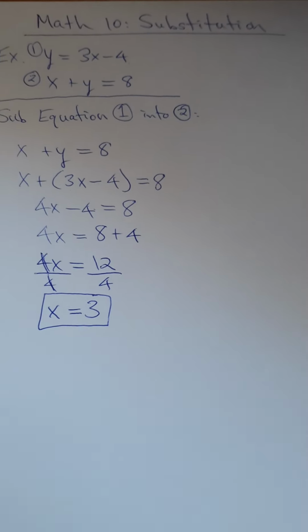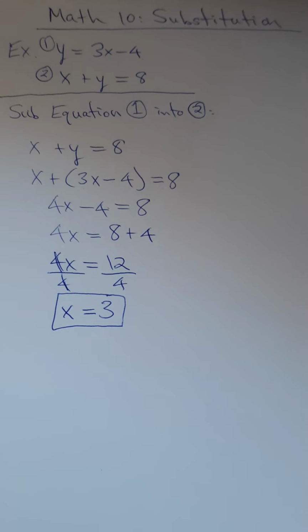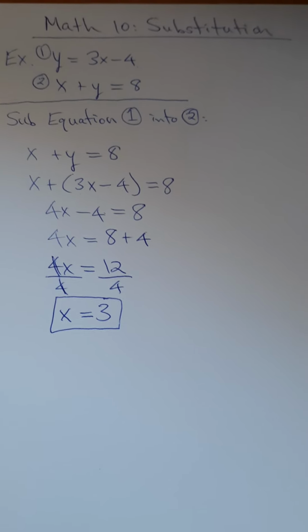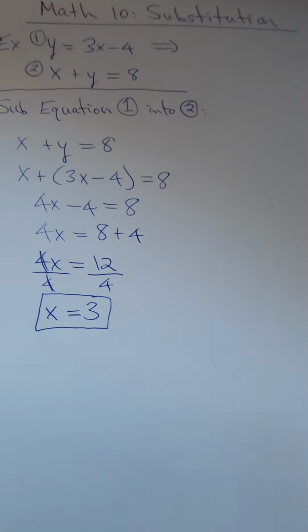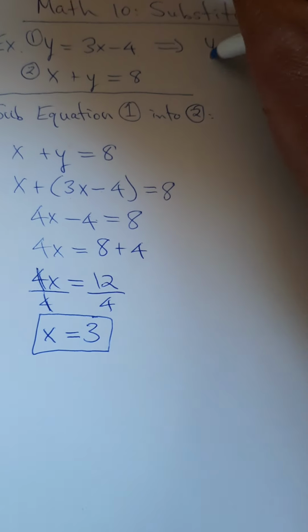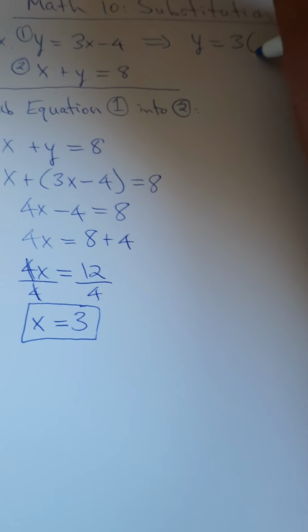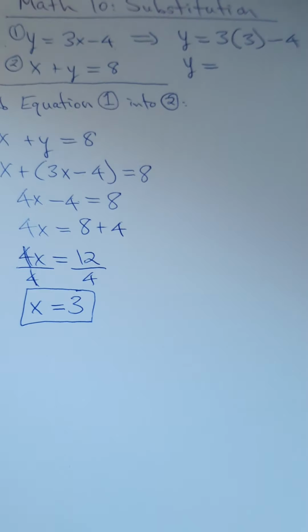In the second step, what I want to do is sub it back into an equation. So I see that x is equal to 3. What I want to sub it into is this first equation, because I notice it's already isolated for y. So we're going to do 3 times 3 minus 4 for y.